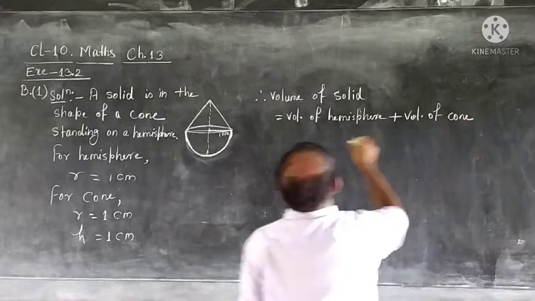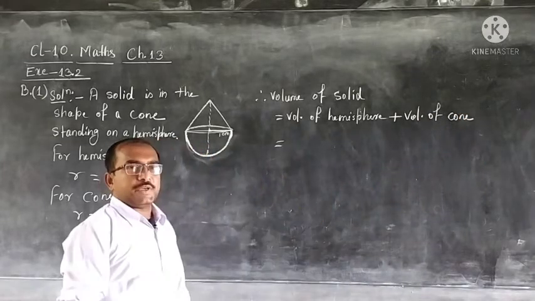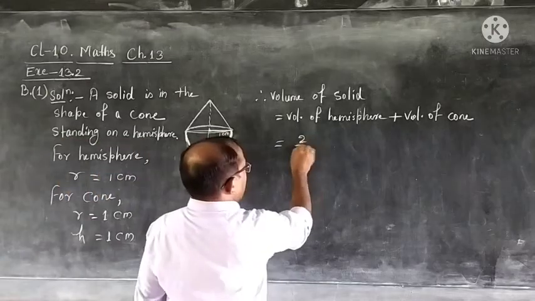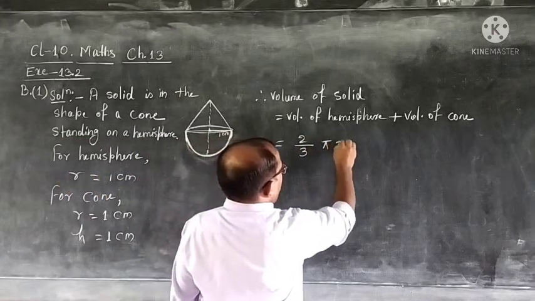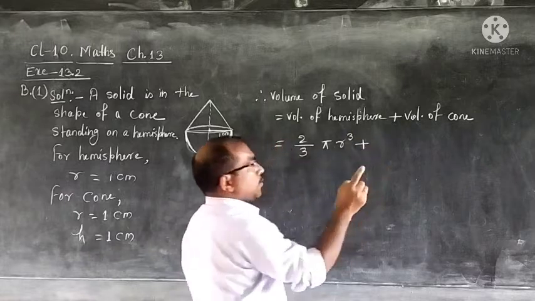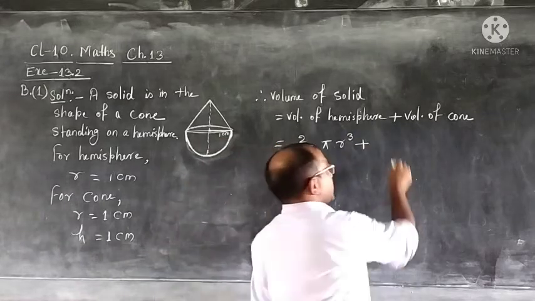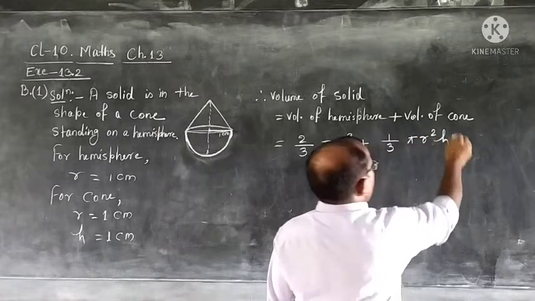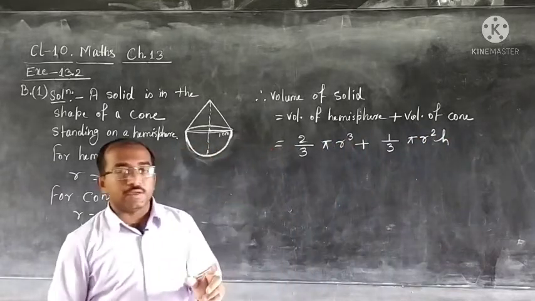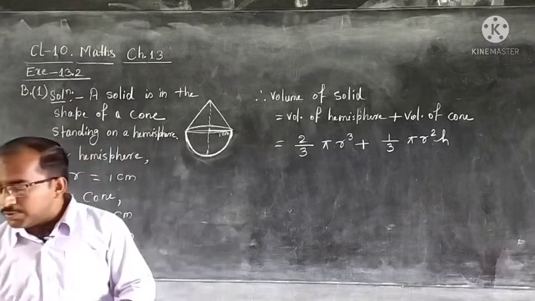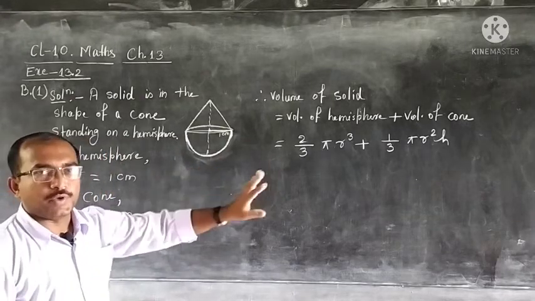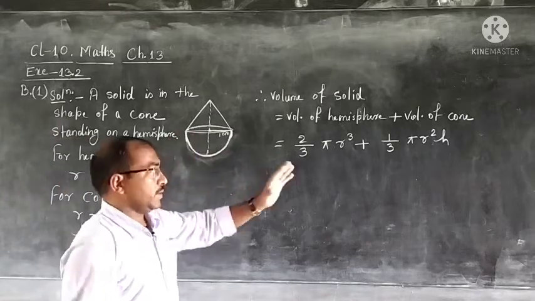Now, the time is to use the formula, volume of hemisphere 2 by 3 pi r cube, remember it, 2 by 3 pi r cube. Volume of cone 1 by 3 pi r square h. And the question's last line, what is mentioned, find the volume in terms of pi, that means we will keep pi, we will not use the value of pi here.